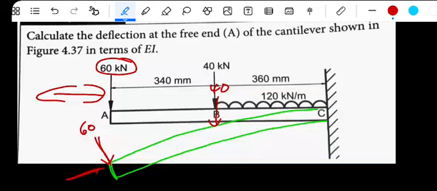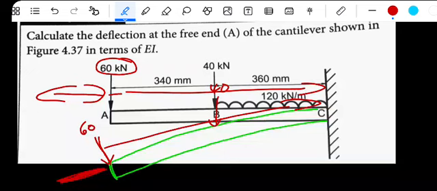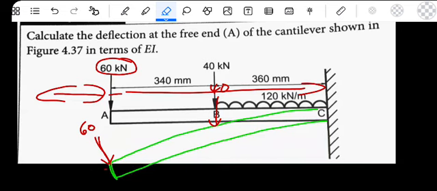Do we have bending on this side? No. So we'll only have the bending from this side going until there. So you must take note. We'll have the bending due to the point load of 60. The deflection, we'll have the deflection here due to this.